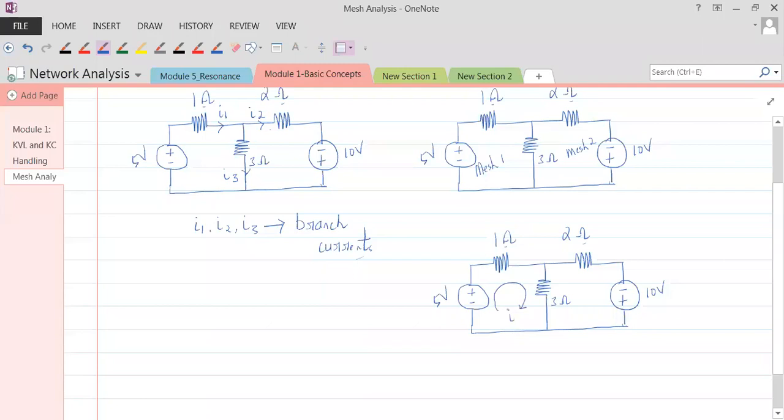So this is say IA and this is IB. Everybody understand this? So IA and IB are mesh currents.